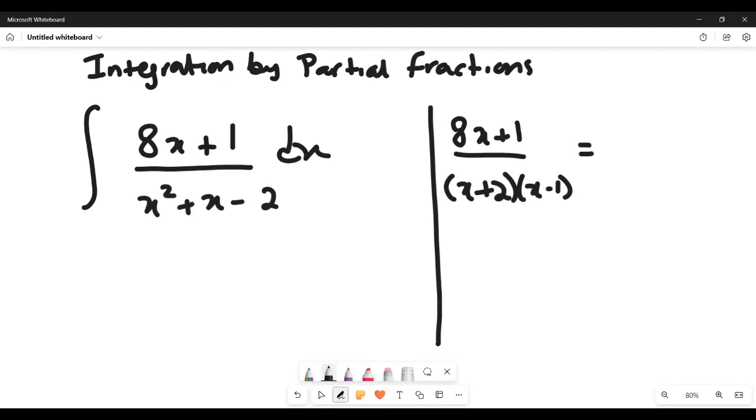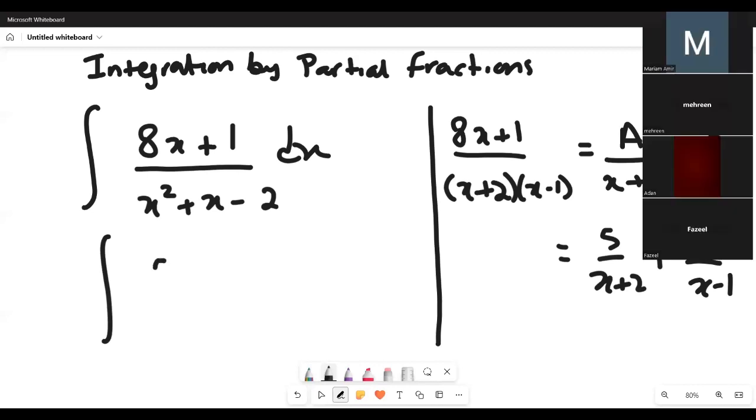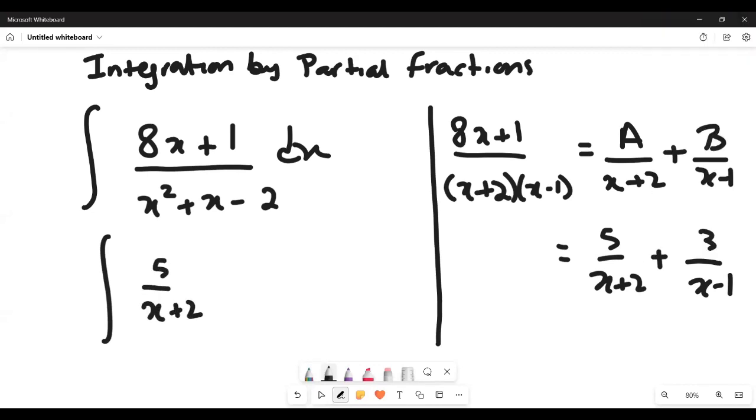And we can break that into partial fractions using a upon x plus 2 plus b upon x minus 1. And we did solve this yesterday, and we got 5 over x plus 2 plus 3 over x minus 1. So I'm going to rewrite the fraction as 5 upon x plus 2 plus 3 upon x minus 1 dx.